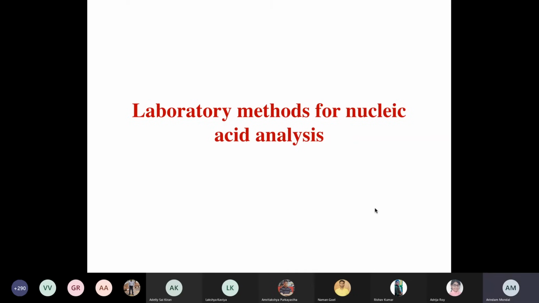Now we are going to talk about some of the experimental approaches or methods which have revolutionized recombinant DNA technology, or basically the field of molecular biology, related to nucleic acids or DNAs.